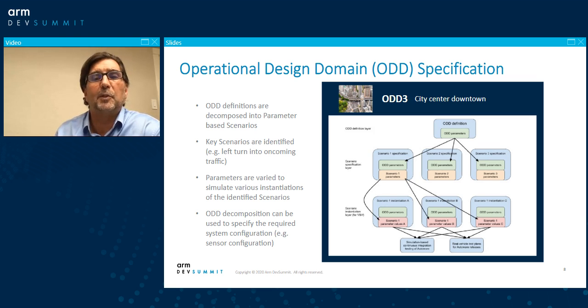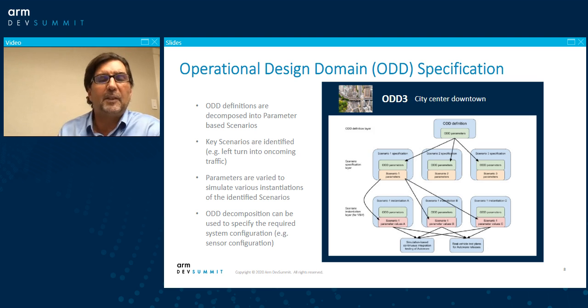A lot of these parameters will have to do with things like time of day operation, whether it's night or day, whether it's dusk or dawn. Are there vehicles coming at you of various colors and at various speeds? These are all the types of parameters that we'll have to take a look at and vary.